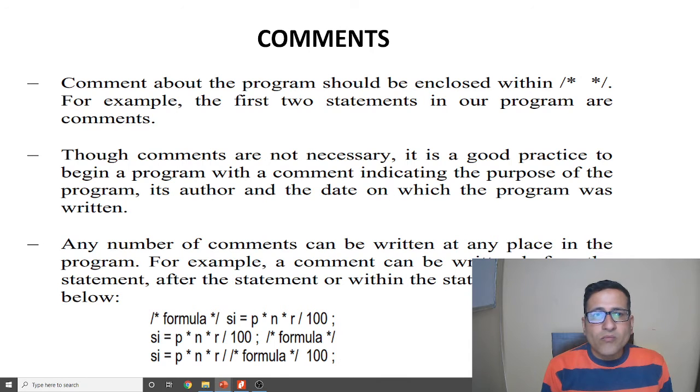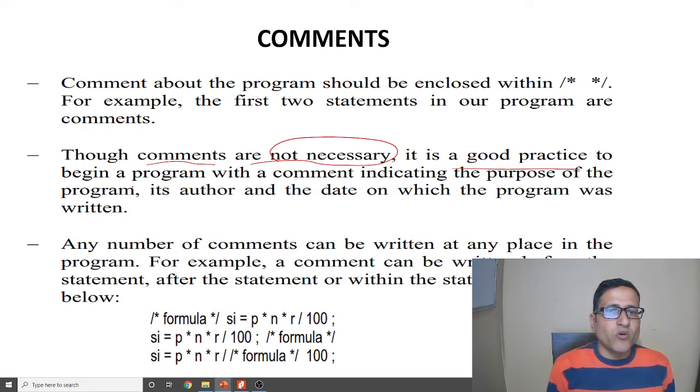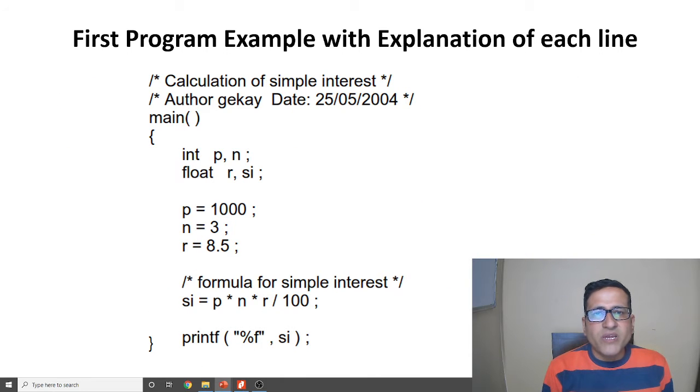So next is the comments are not necessary. Comments are not necessary means it is not essential to write the comments, but it is a good practice to begin a program with a comment indicating the purpose of the program. Like in the example we can see that here we write the title of the program, what we are going to do.